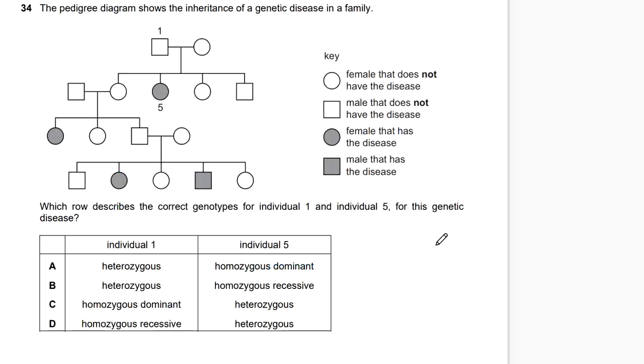We have a pedigree here. The pedigree diagram shows the inheritance of a genetic disease in the family. You can see that both the male and female are unaffected. However, they have a child which has the disease. More or less, these parents have heterozygous characteristics.